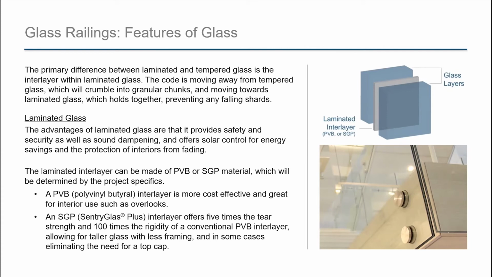A PVB inner layer is more cost-effective and great for interior use, such as overlooks. An SGP inner layer offers 5 times the tear strength and 100 times the rigidity of a conventional PVB inner layer, allowing for taller glass with less framing and in some cases eliminating the need for a top cap.